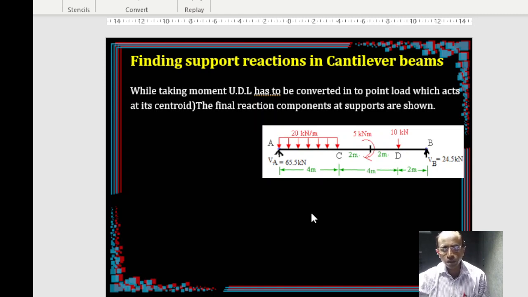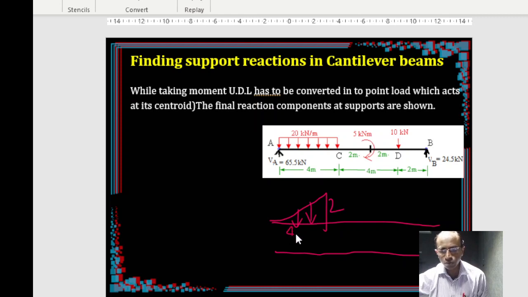So even if another kind of loading is given, you can still handle it. For example, for our understanding, let's say there is a UVL acting, a uniformly varying load, right? For idealization of this, what do you have to do? You just take the area of this. Let us say this is 2, and this distance is 4.